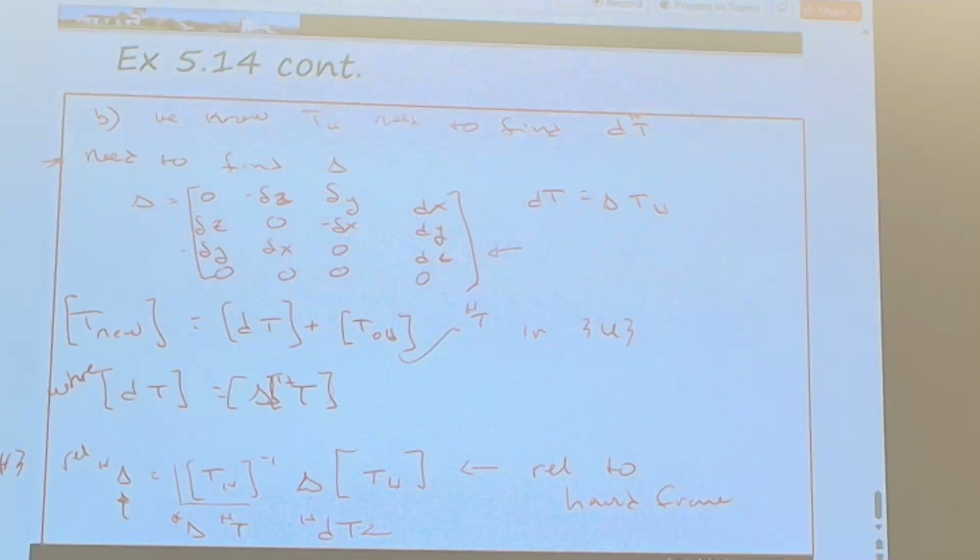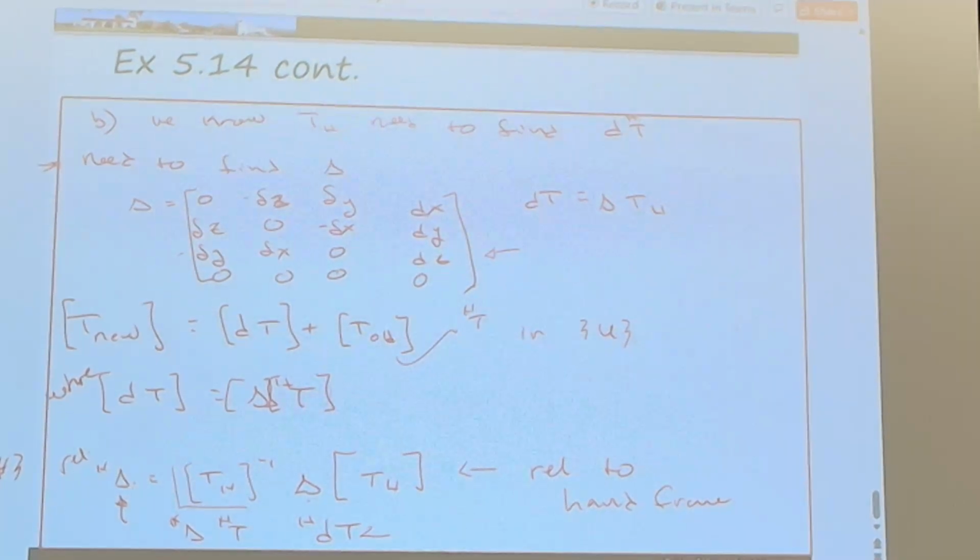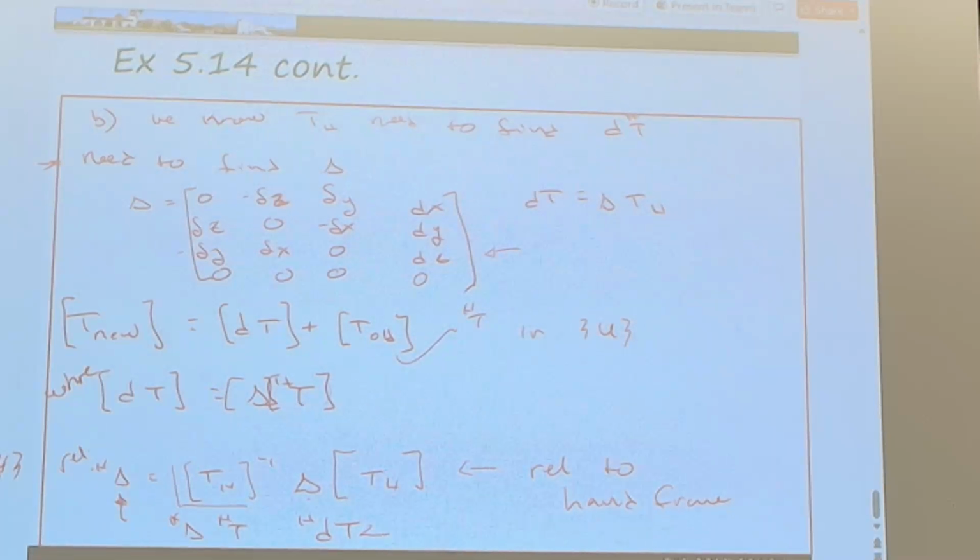So this is my delta operator, my differential motion relative to my H frame. This is relative to my UCS frame. I want to find that relative to my end effector frame, so I take the T inverse, times the delta, times our T.